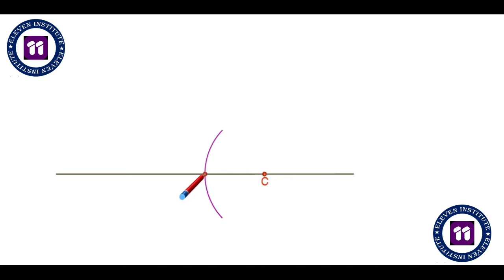Exactly at the center we will mark the pole, and exactly in between them, at 2 centimeters between the pole and the center of curvature, we will plot the focal point, like this. So this is the basic step. We have completed it, and we have directly drawn our convex mirror, right? This outer bulging part is the reflecting surface, and this inner part is the non-reflecting surface.